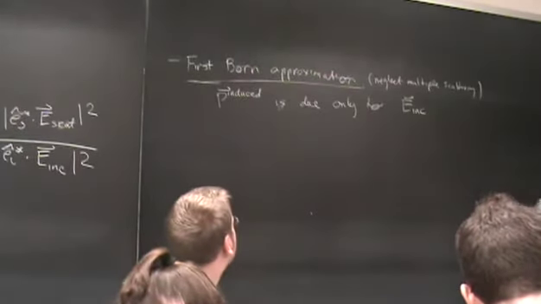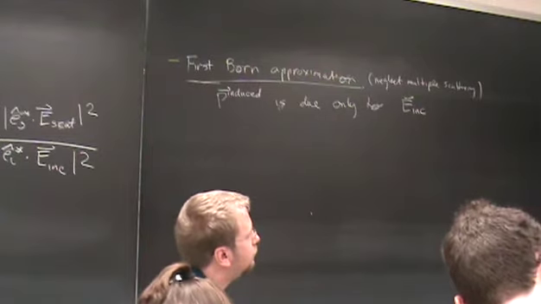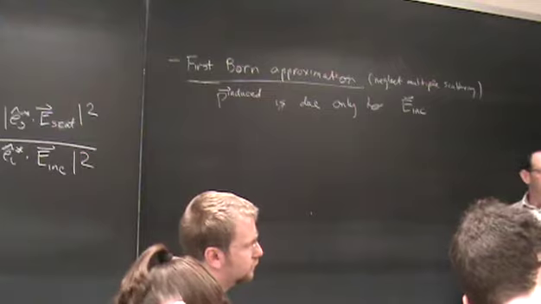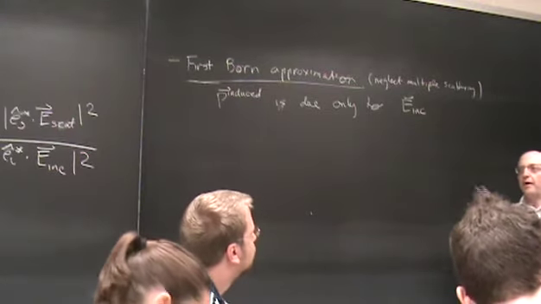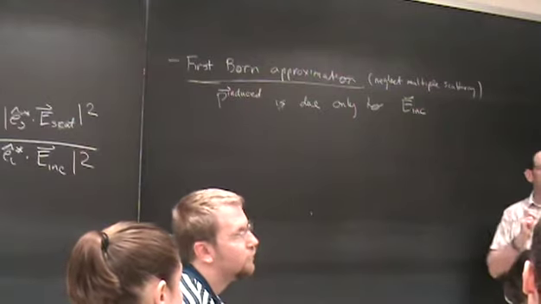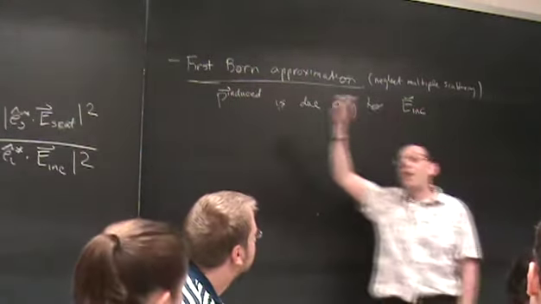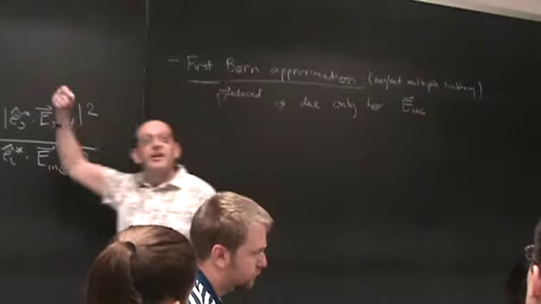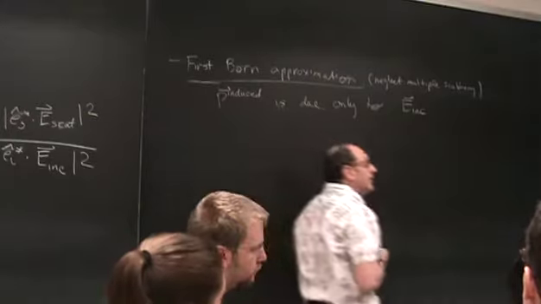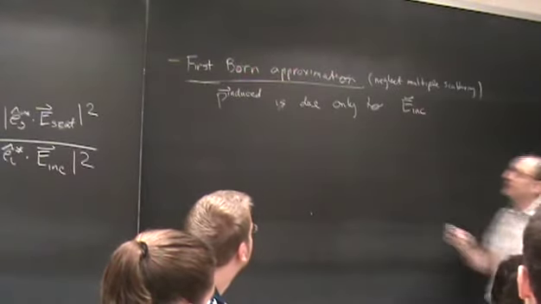We're ignoring any re-radiated effects that affect the dipole, any back action effects. Okay? If we wanted to solve the full scattering problem, we'd have to include that. That's known as the first Born approximation. There, of course, as you know from your quantum mechanical studies, is a whole power series that we could derive to include the effects of multiple scattering. Okay, so that's the first thing we're going to do.